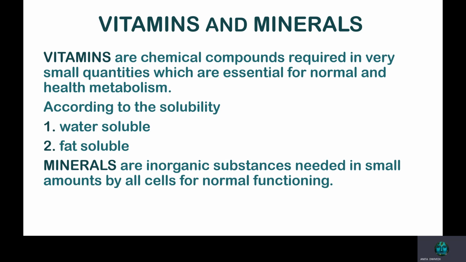According to the solubility, we have 2 categories of vitamins, water soluble and fat soluble. Water soluble vitamins are vitamin C, vitamin B. Fat soluble vitamins are vitamin A and vitamin D. Minerals are inorganic substances needed in small amounts by all cells for normal functioning.